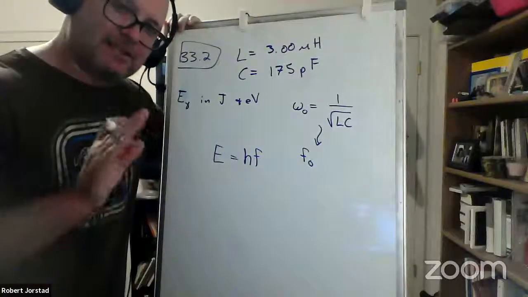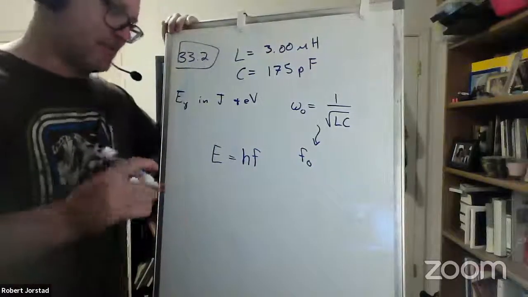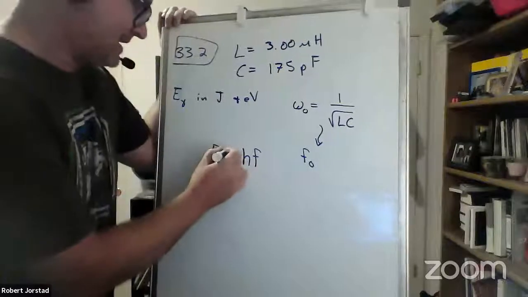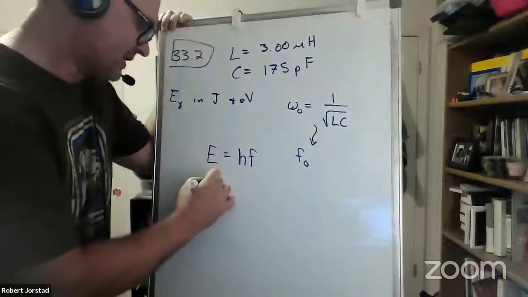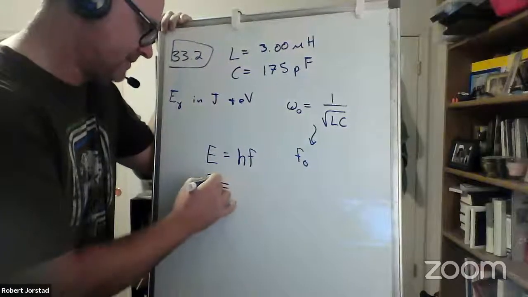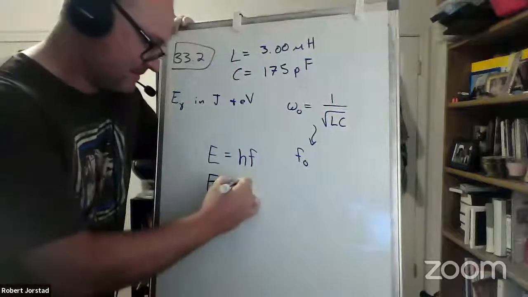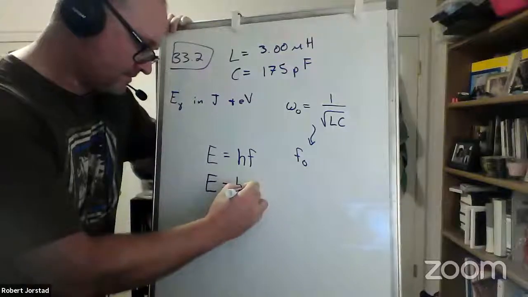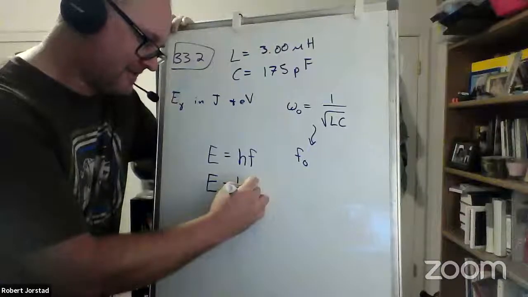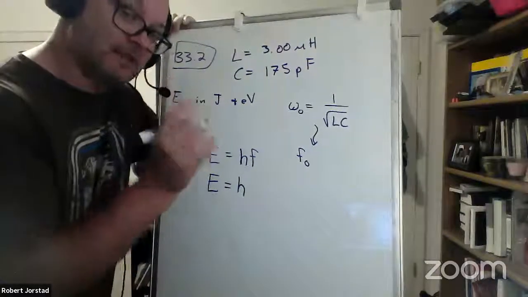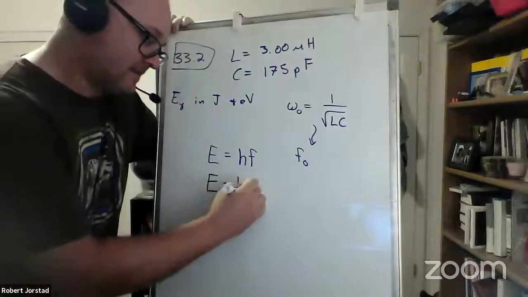Now, if you're in chemistry, this is one of the rare times I like to actually talk about chemistry. So in chemistry, what is the symbol for frequency? Tell me, somebody that's a chemist. Jaden, I think you're the only one in this class. Come on, no pressure. Lambda? No, that's wavelength. Is it K? No, it's nu.